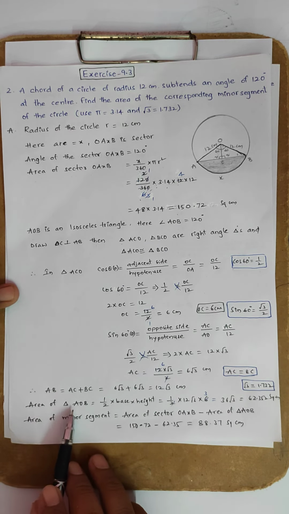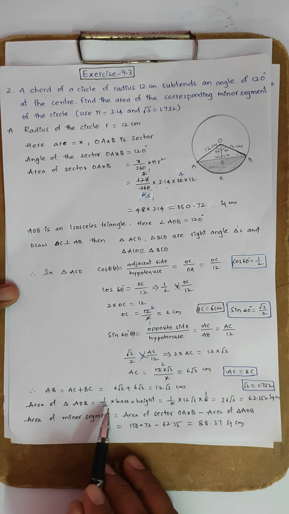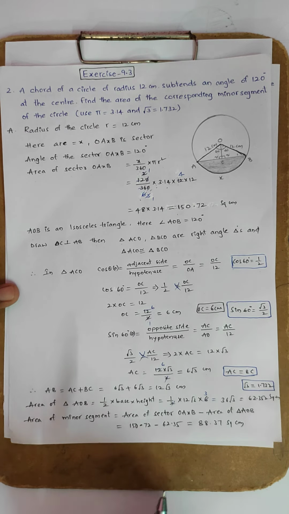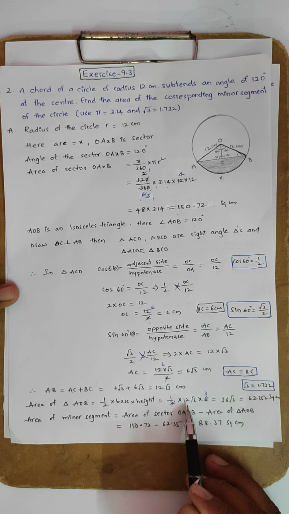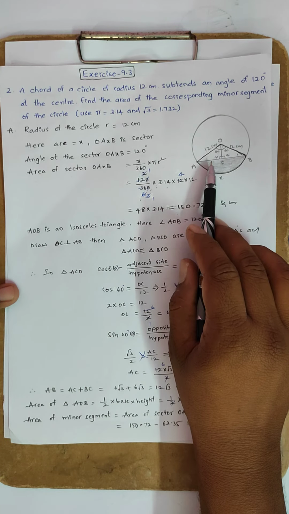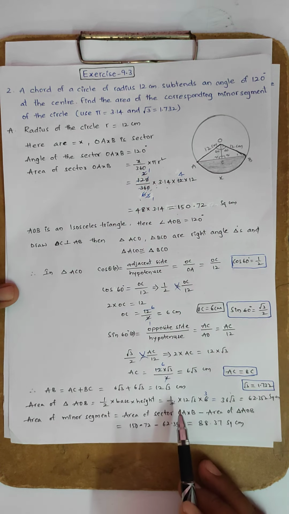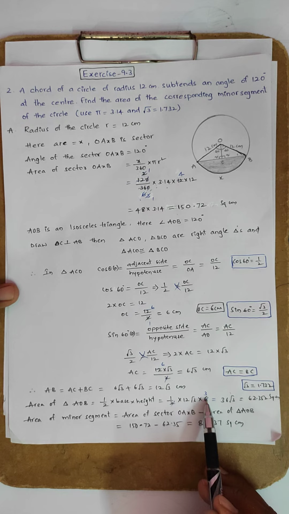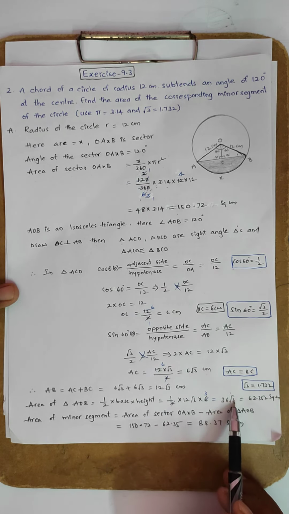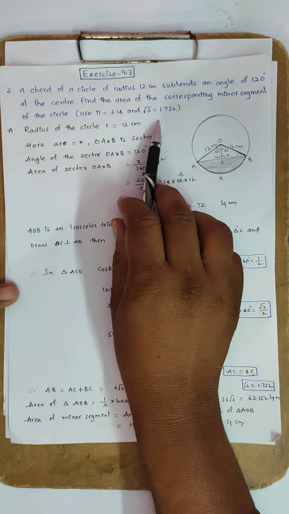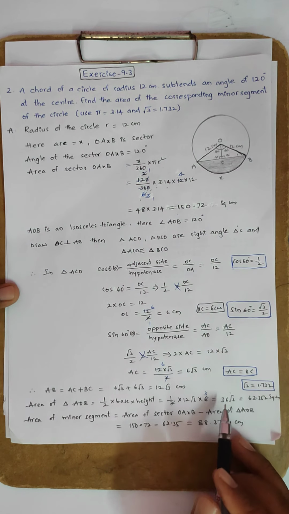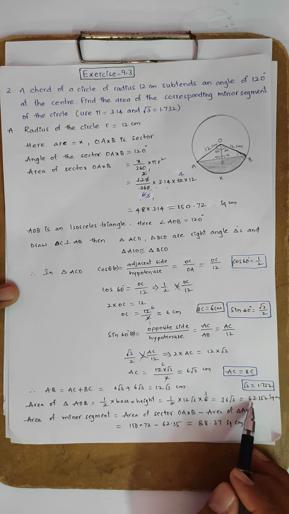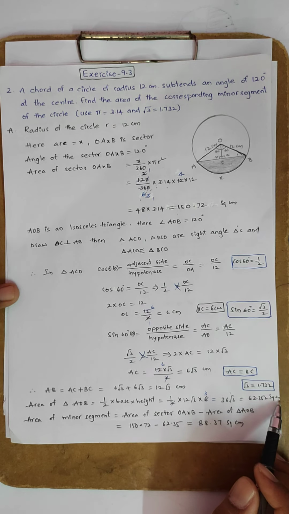Now area of triangle AOB is equal to half base into height. Half of base 12 root 3, into height 6 centimeters. 2 1s are 2, 2 3s are 6. It is equal to 12 3s are 36 root 3 square centimeters. Root 3 value is given in the problem as 1.732. Do the multiplication, then we will get 62.352 square centimeters.